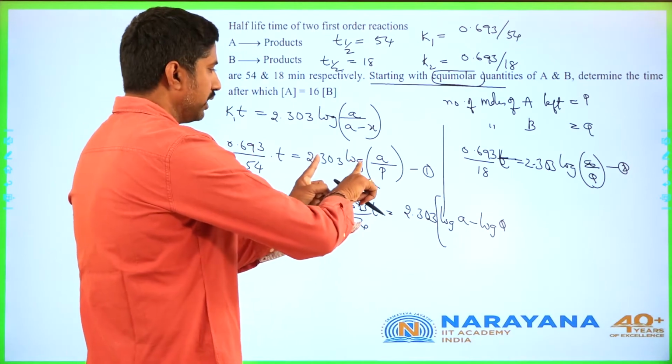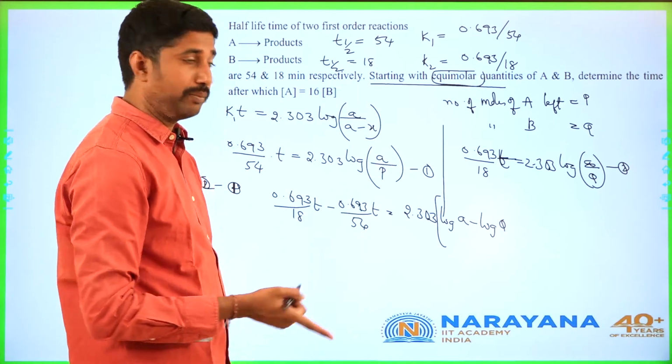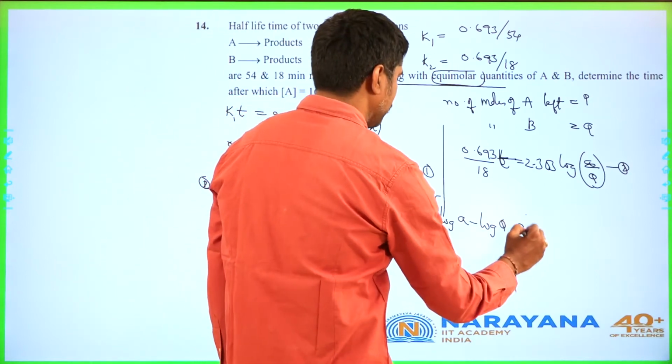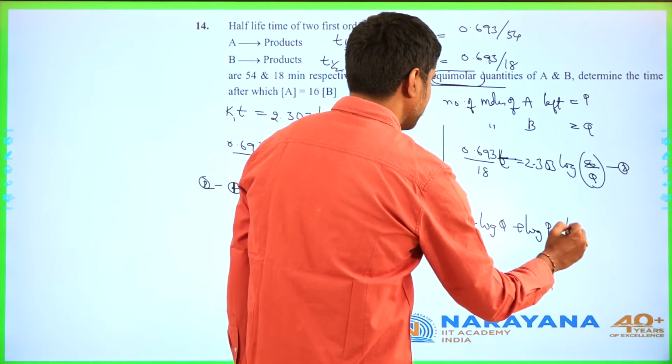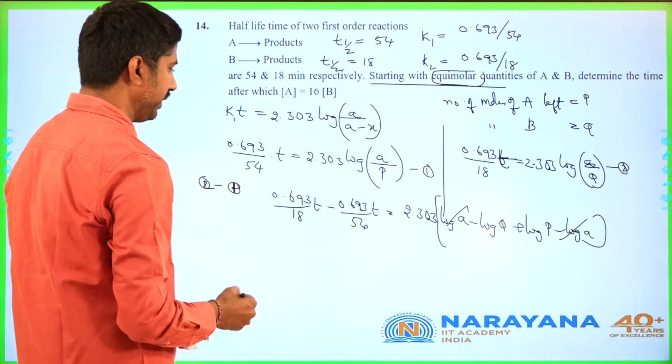And when you take this minus 1 here, so this becomes P by A, so I am writing here log P minus log A. So log A cancelled. Then what have we identified?